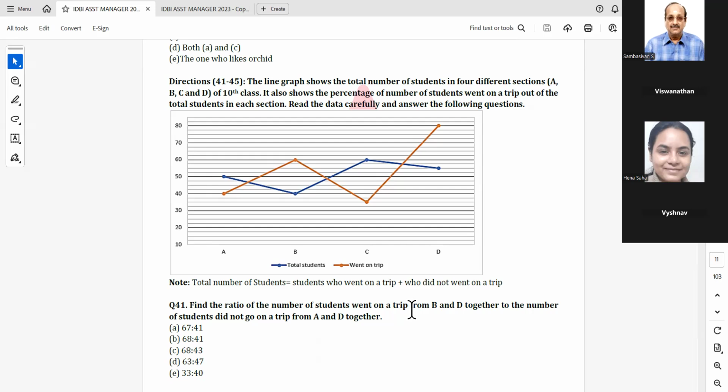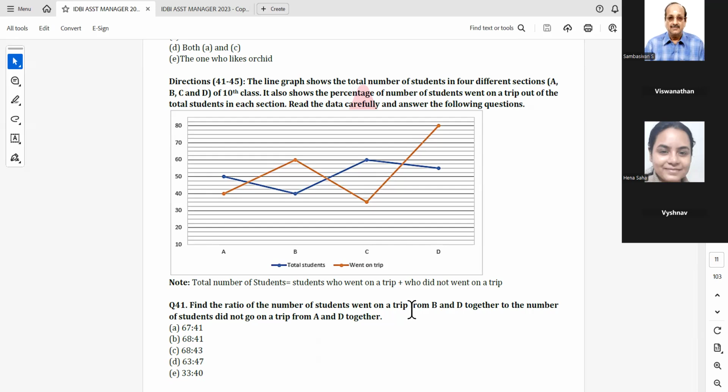If you work out, 50 into 80 by 100, you will get 44. So from B, 24 students are going. From D, 44 students are going. That is 68 students are going.